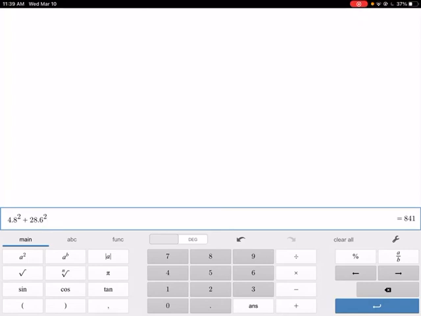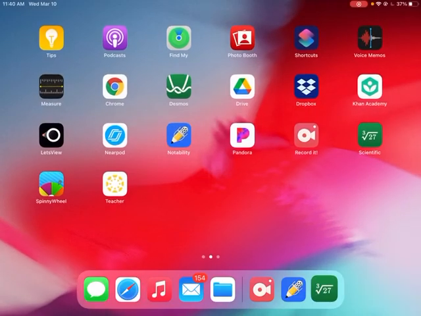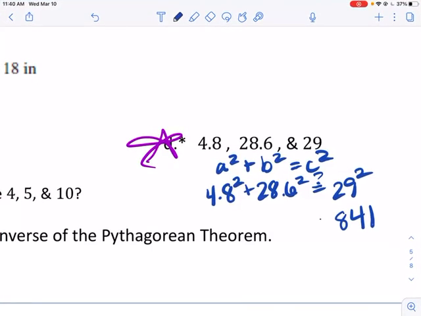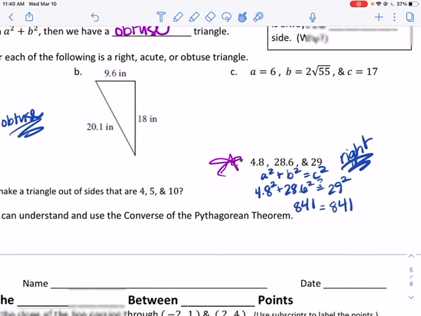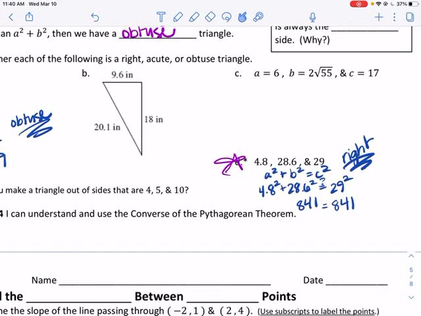So if you need help doing that, please let me know. Those together equals 841. So we have 841 equals 841. This is a right triangle. And remember that if c were smaller than a squared plus b squared, then it would be an acute triangle. Good luck.